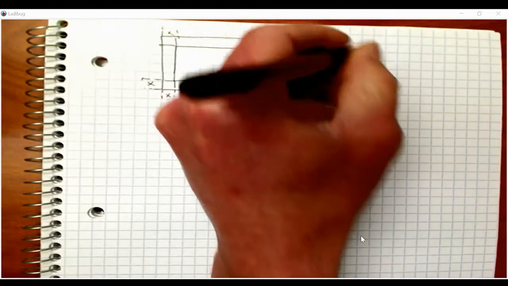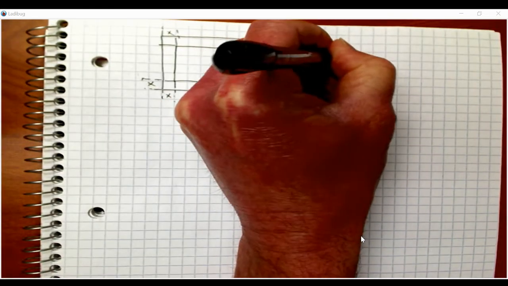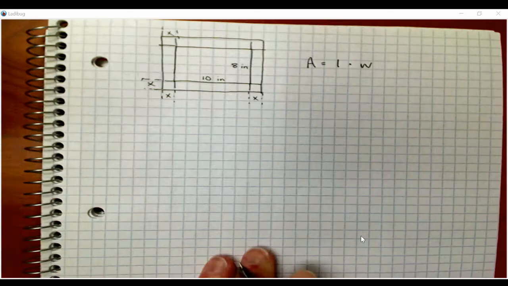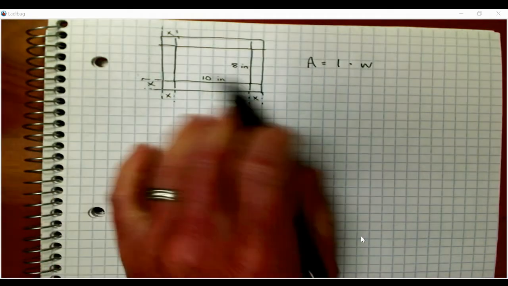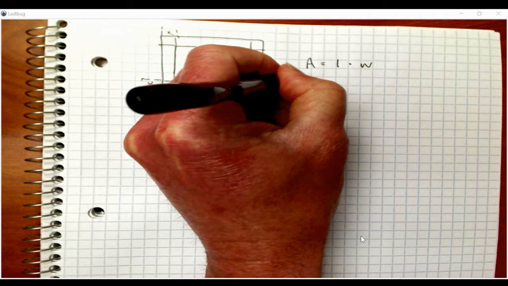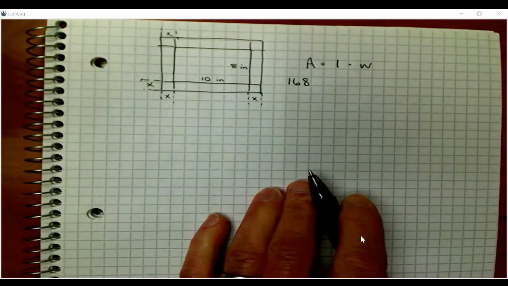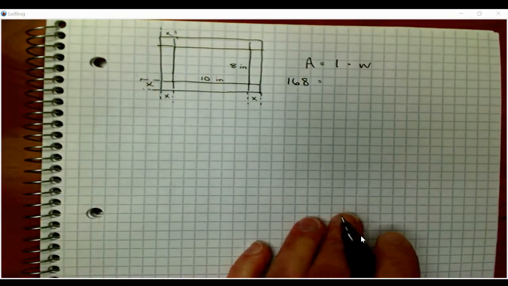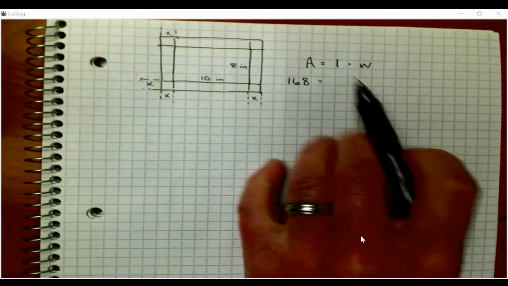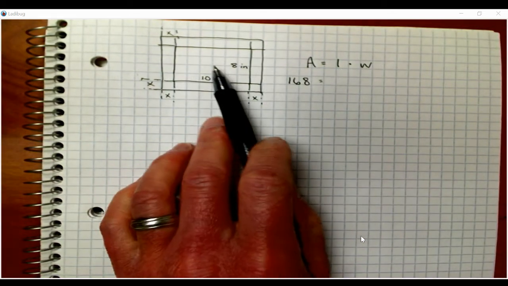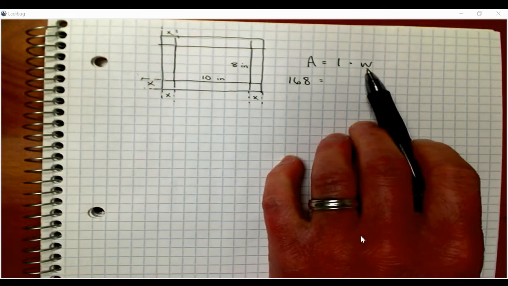So we know that area is equal to the length of something times the width of something. And in this case, we're told that the area of this picture frame is allowed to be 168 square inches.